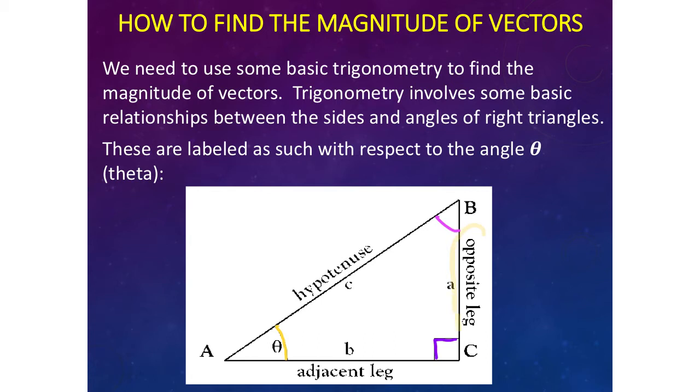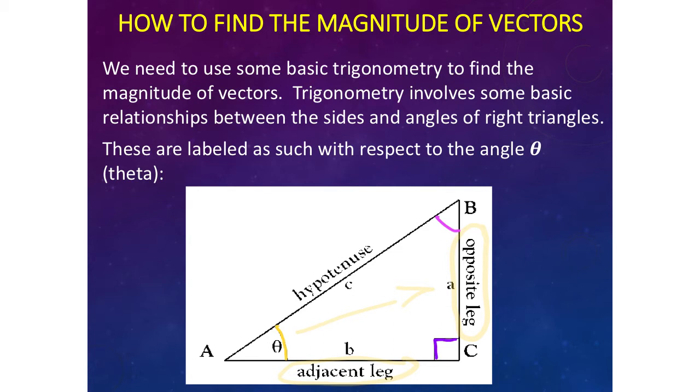This would be the side opposite that theta angle, and this would be the adjacent side. Now, adjacent just means right beside. The adjacent leg always makes the angle with the hypotenuse, okay?